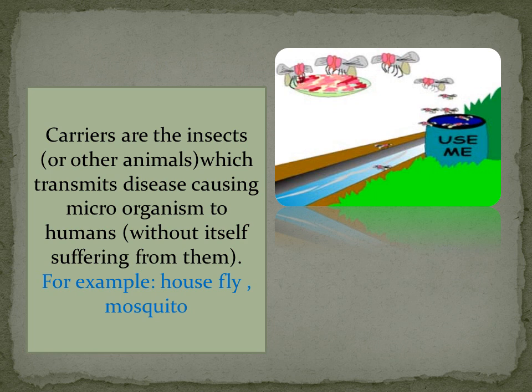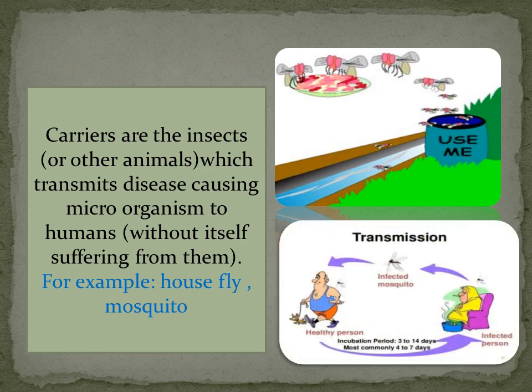A housefly will sit in this dustbin and all the harmful substances will stick to its feet. Then these houseflies will go and sit on healthy food and transmit these harmful substances to the healthy food. Hence, they are the carriers of the diseases. A housefly will carry the disease from the garbage to the healthy food. This food will be consumed by a healthy person and he or she will get infected with the disease.